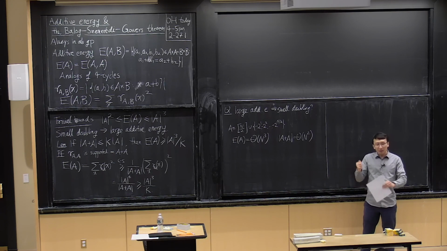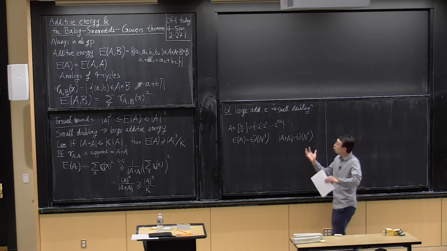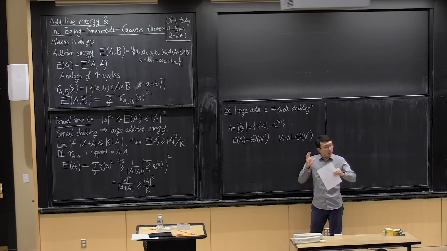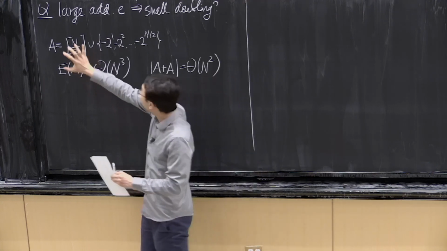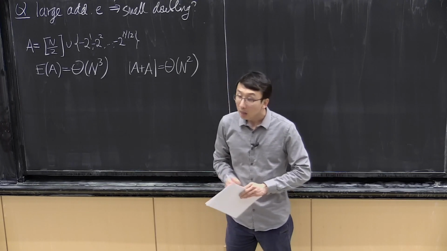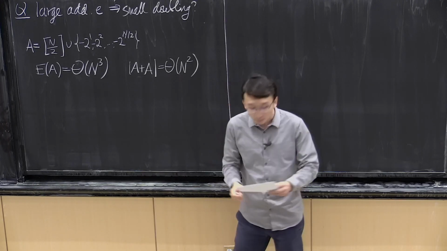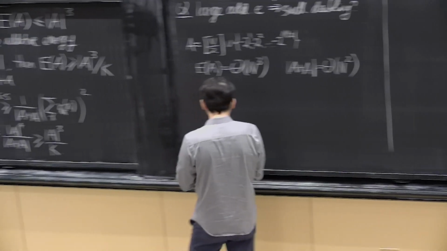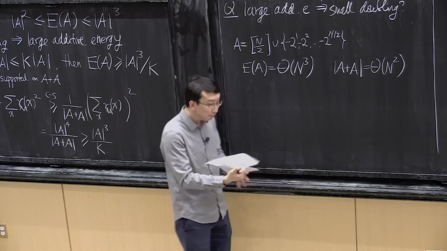So we would like a statement that says that if you have large additive energy, then it must come from some highly structured piece that has small doubling. And that is true. And that's the content of the Balog-Szemerédi-Gowers theorem, which is the main topic today.